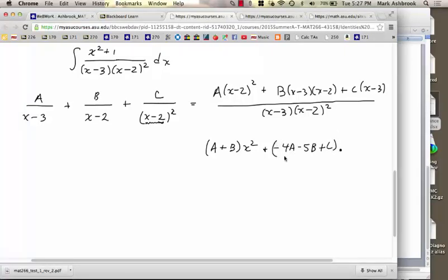That's going to be our x. And then constants: plus 4a plus 6b minus 3c. That's the numerator.